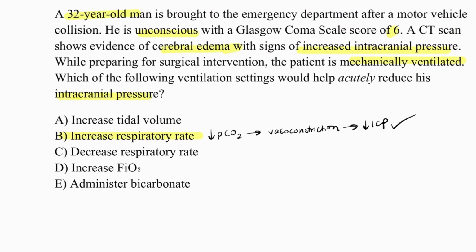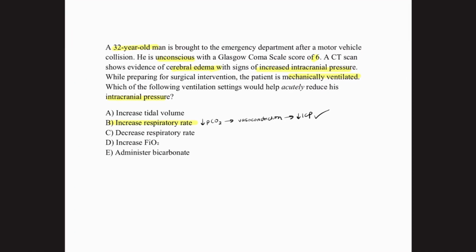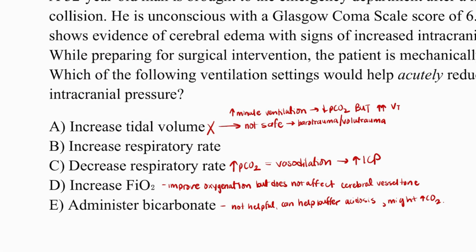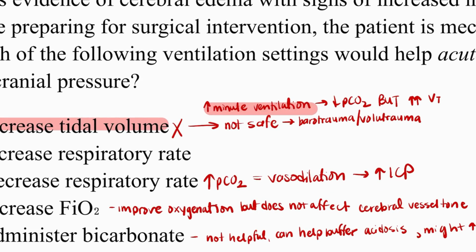Okay, so why are the other options wrong? Let's go over them. So, increase the tidal volume. Why is that wrong? Well, increasing the tidal volume will increase the minute ventilation, so that will also reduce the partial pressure of CO2.